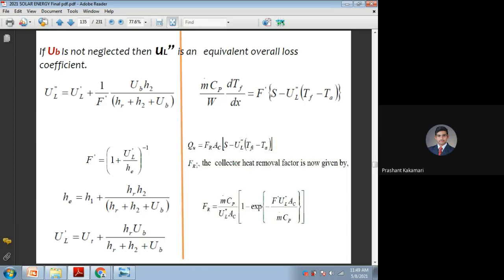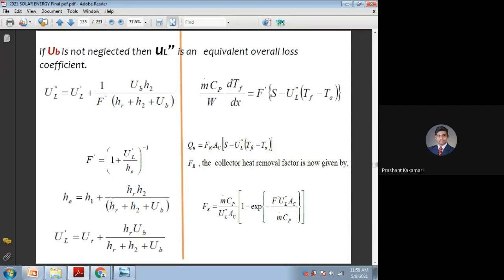In the air heater, after simplification, we can write it as F dash equals (1 plus overall heat loss coefficient UL divided by heat transfer coefficient HE) whole bracket raised to minus 1. Using this equation one can find the collector efficiency factor F dash for the solar air heater. Now coming to the other parameters.